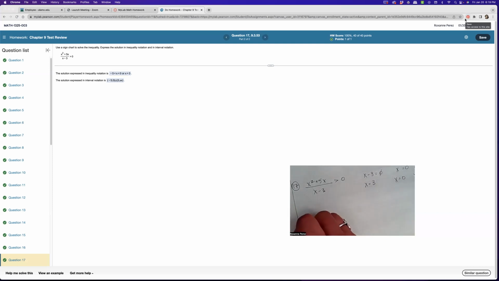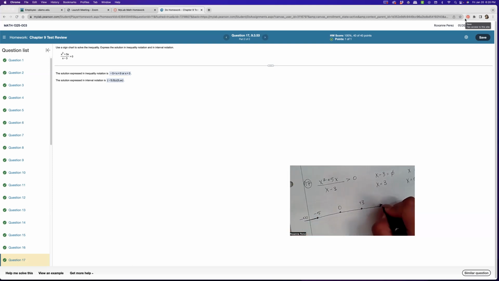Okay, so now I'm going to sketch a rough number line, and put my points of interest, negative 5, 0, and positive 3. And I need to decide what the function behavior is between all of these spaces. So we are also going to include negative infinity and positive infinity.